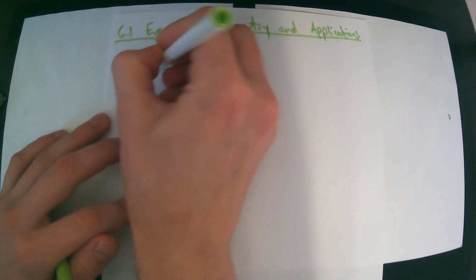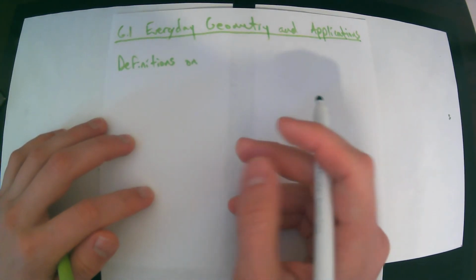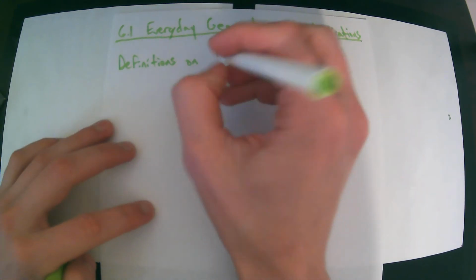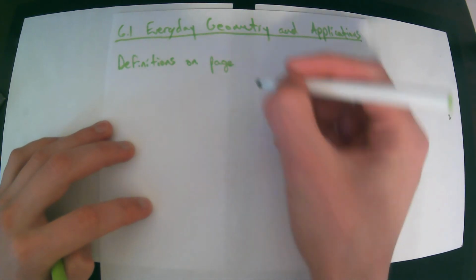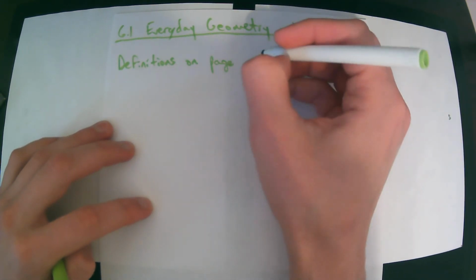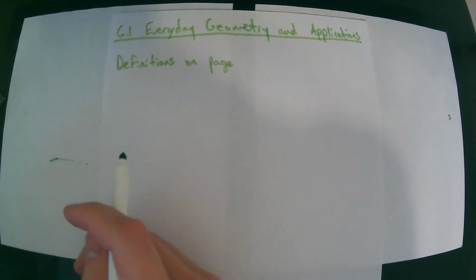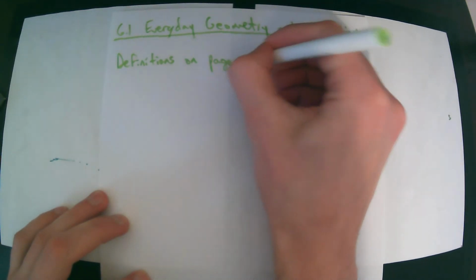So I'm following the textbook this time because I don't have lecture notes typed up for this section because, well, it's hard to type up lecture notes for a geometry section because of all the pictures. This is page 245.